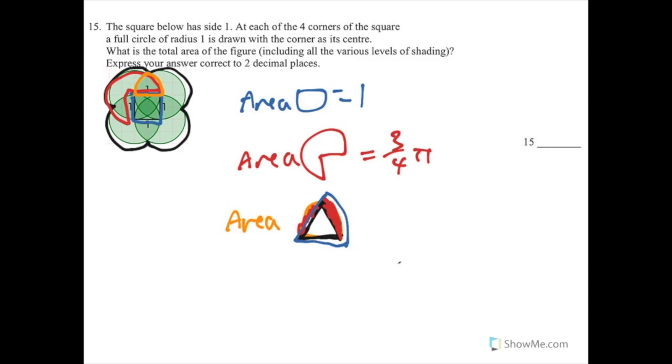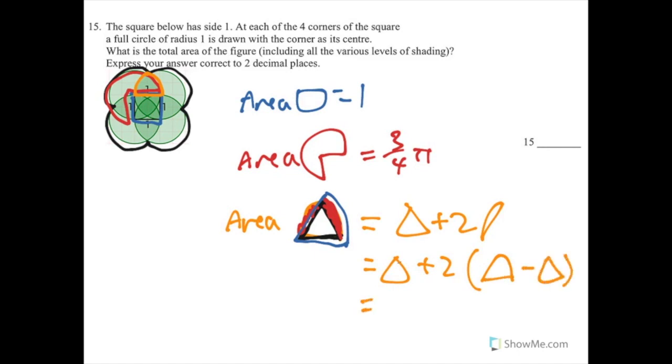And so this area, the orange area in total, is equal to the area of the triangle plus 2 times the area of these slices. And each of these slices is equal to the area of the fan minus the area of the triangle. So we simply have the area of the triangle plus 2 times the area of the fan minus the area of the triangle, which gives us the area of this weird shape.